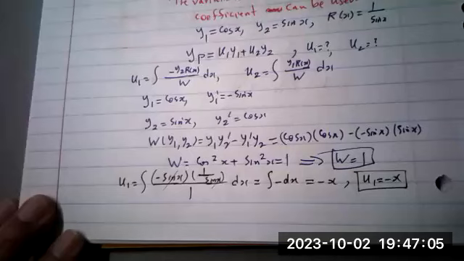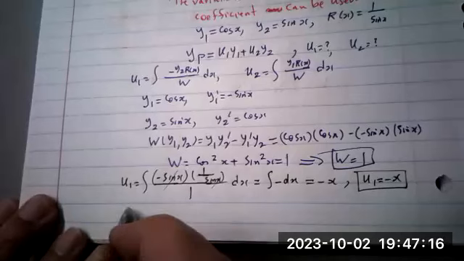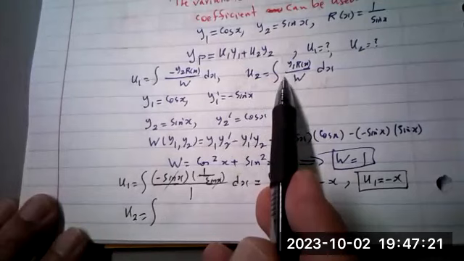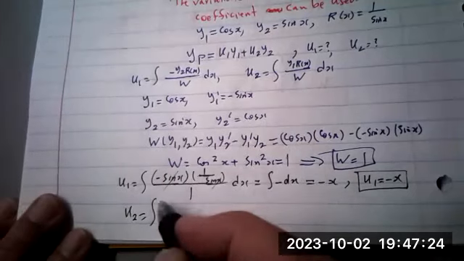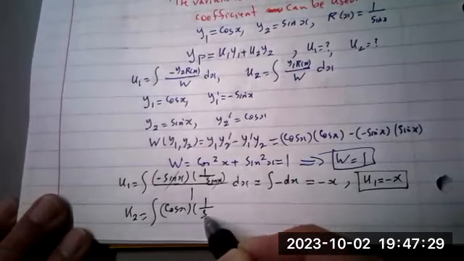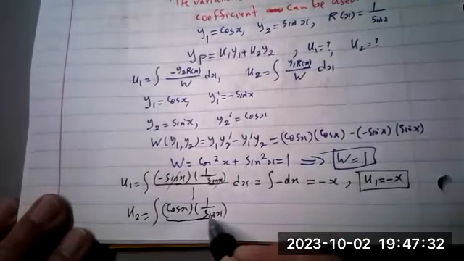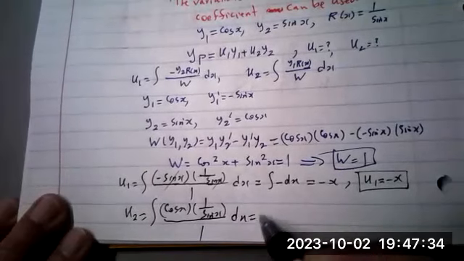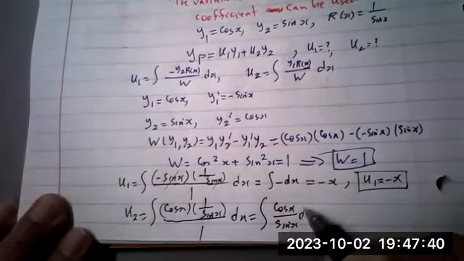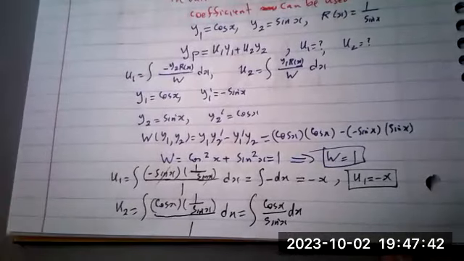So just nicely substitute. Go for u2. u2 is the integral of y1, cosine x, times r of x, 1 over sine x, over the Wronskian of 1, dx. It would be the integral of cosine x over sine x dx. What's this integral?